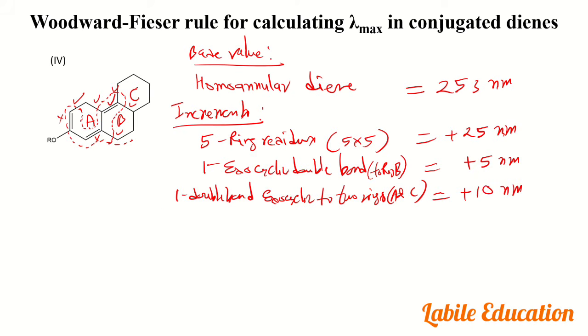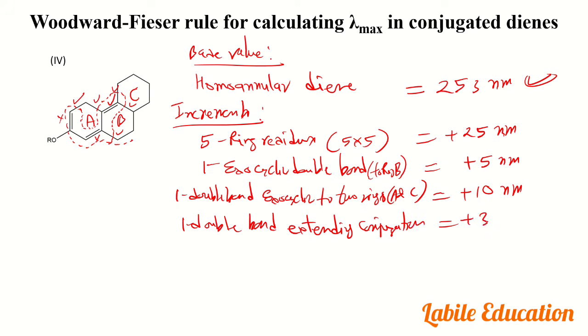Now there is one extra double bond. This is the conjugated system, homoannular, for which we have taken the base value. Now this is the third double bond, so this will extend the conjugation. So one double bond extending conjugation will contribute 30 nanometer.